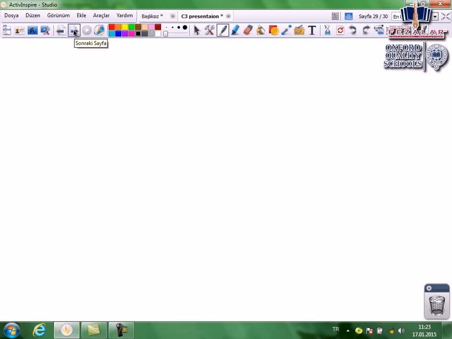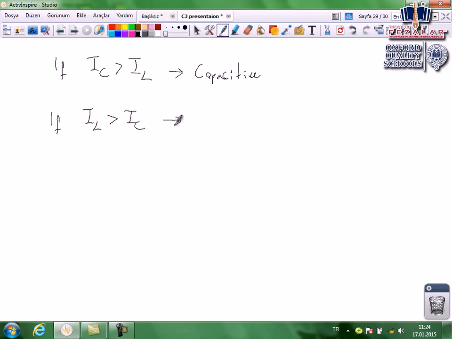Now let's talk about properties of the circuit. In this circuit, if IC is greater than IL, remember the phasor diagram, that means current leads voltage. Current leads voltage means that the circuit is capacitive. If IL is greater than IC, that means voltage leads current.